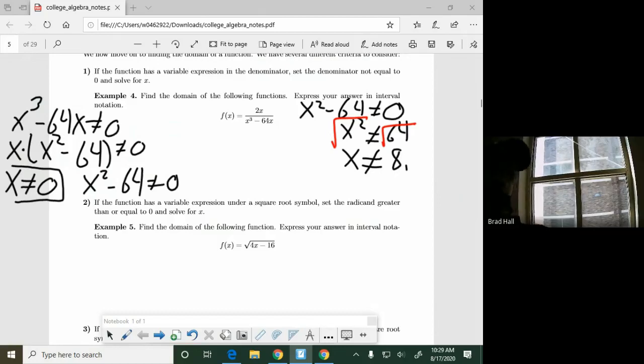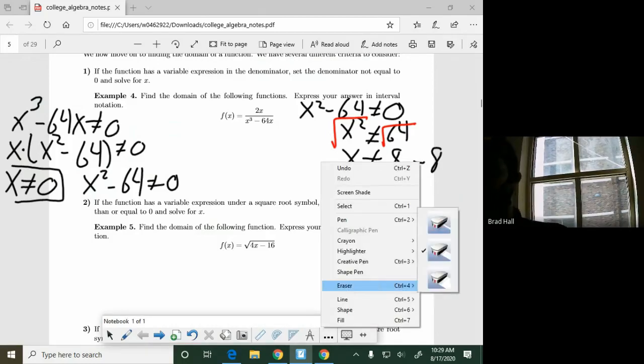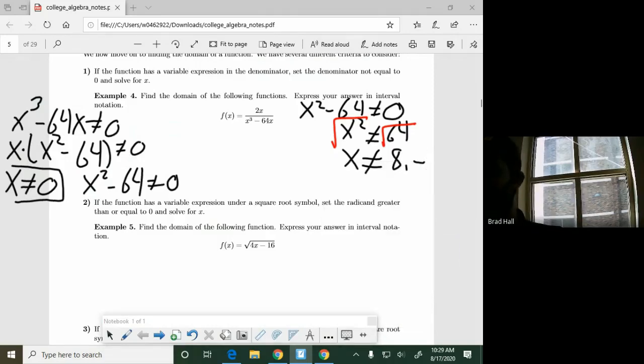But there's negative 8 as well, that pesky plus or minus business that happens whenever you take the square root of something. Whenever you apply a square root, you inadvertently apply a plus or minus, which is why there's 8 and negative 8.